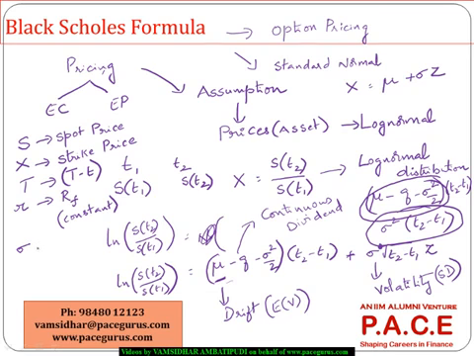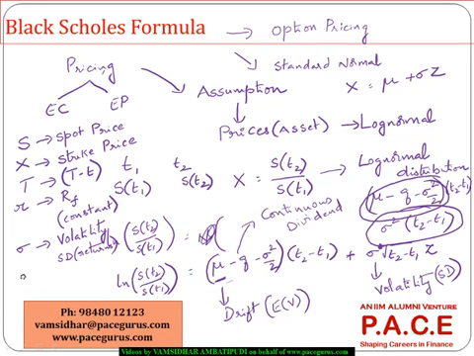Then the sigma, which we are calling the volatility of the asset returns, even here the volatility, which is coming out with respect to the standard deviation of the returns of the asset, again this is assumed to be constant over the period.